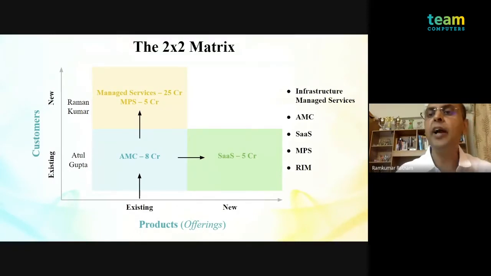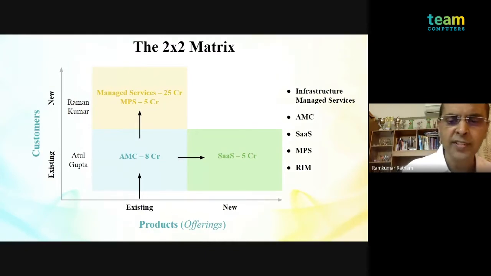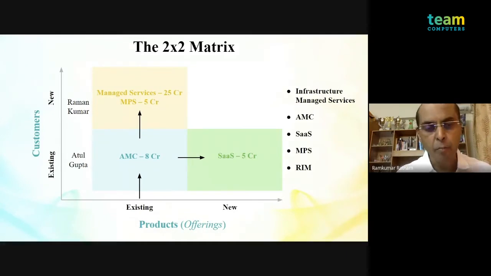I have to use my own sources to figure out who are the other power buyers within Maruti. Who is that person responsible for managed services? With all this homework, either through my sources or through my existing base, Atul, I realized that there is one gentleman by name Raman Kumar, who within Maruti is responsible for managed services.